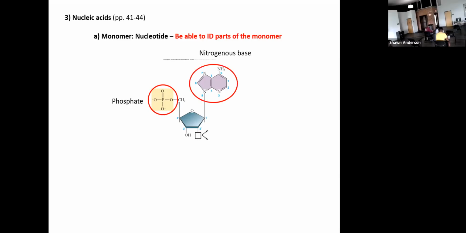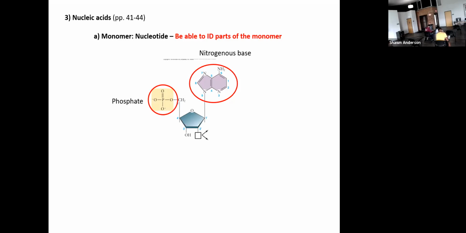This structure here is called a nitrogenous base. The purplish structure has two ring structures with a bunch of amino groups. And then what's this thing down here? What's the blue?